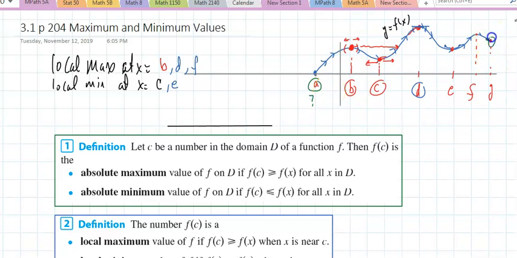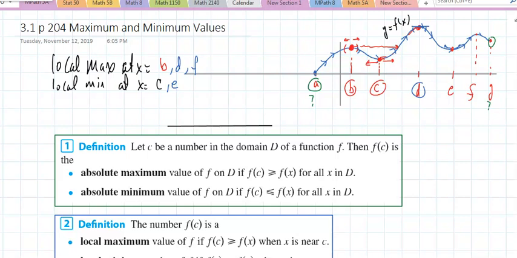And at G, the same deal, I'm not sure. If this is to go back up, that's a minimum. But what if this graph continues? Wouldn't that make it neither? So, our definition of a minimum, if you move to the left or to the right, you'll be going up. And our definition of a maximum, if you move left or right, you'll be moving down.